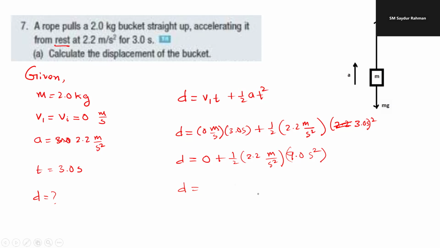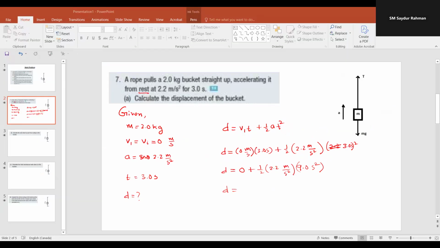I'll just use my calculator here to calculate this one. So this is half, so 0.5 times 2.2, and then times 9, which is equal to 9.9, right?